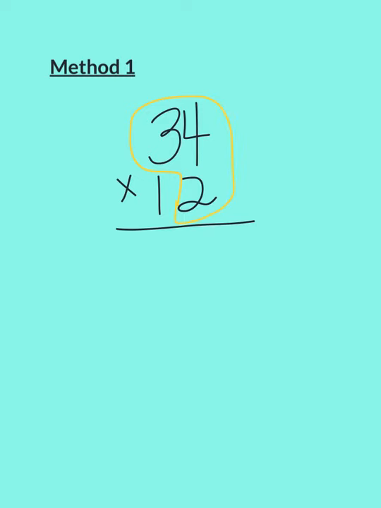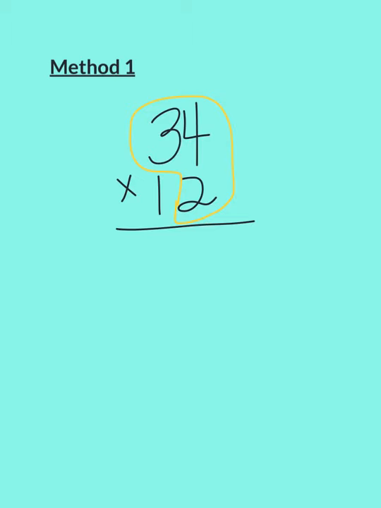Here is the first method for multiplying two-digit numbers together. I'm going to use the same example from the last screen, which was 34 times 12. Here is the first thing that you can do. The first thing we're going to do is look at 2 and 34.